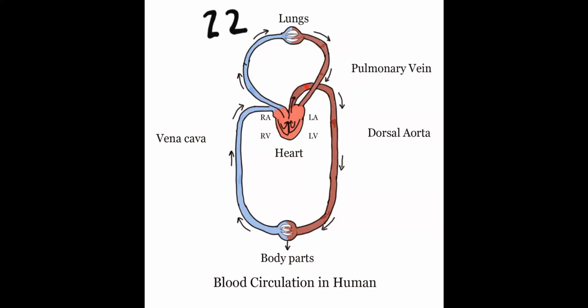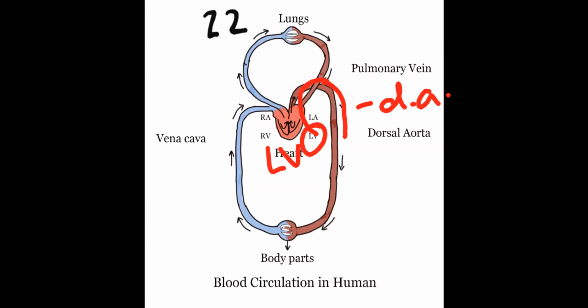between heart and lungs. Another one is between heart and major body parts, most of the body parts over there. Simple. What arises from left ventricle? Dorsal aorta. Dorsal aorta gives rise to what?